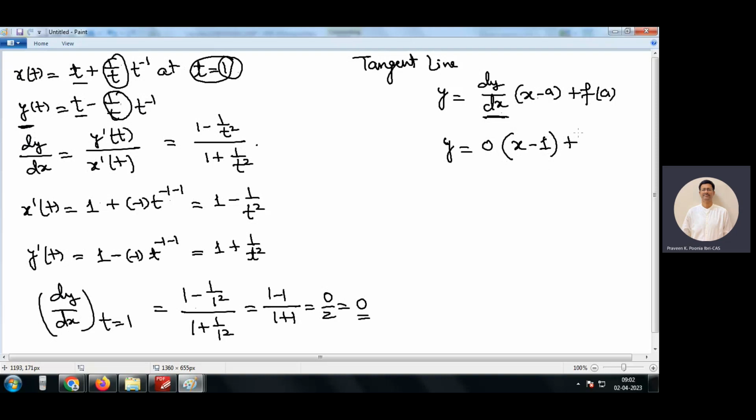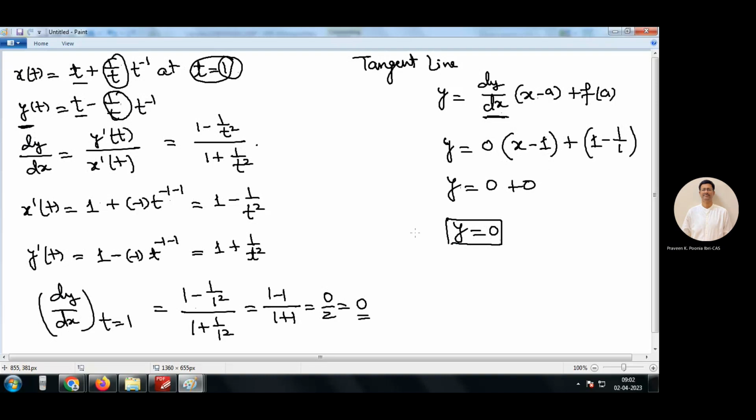If you put it here, it is 1 minus 1, which is 0. So the equation is y is equal to 0. Clear? This is how we calculate the equation of the tangent line.